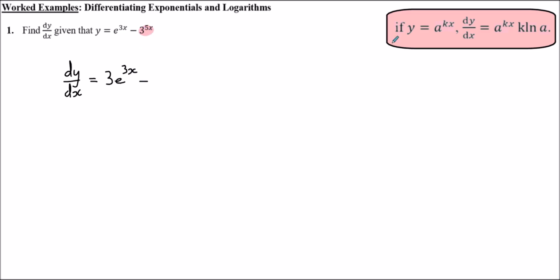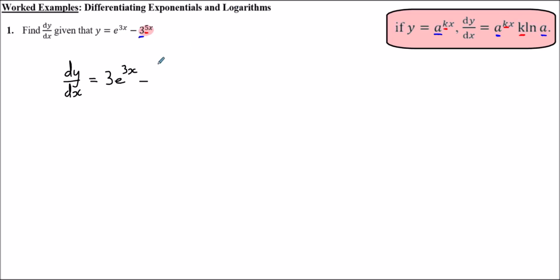Stick in the minus sign, then let's just see what happens here. So in our case, a is 3, and the k is 5. So this is going to differentiate using this result to 3, because our a is 3, to the power of 5x multiplied by k, which is 5, natural log of a, which is 3.